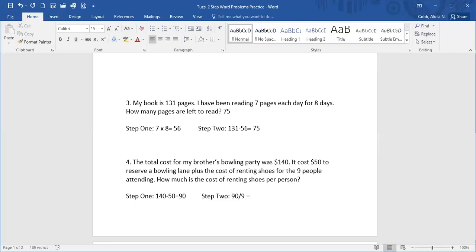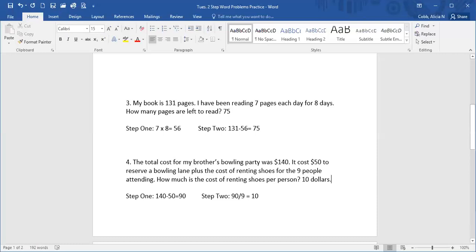So I have to think, how many times can 9 equally go into 90? When I think about division, you can also think about the inverse operation, which is multiplication, because 9 times something will give you 90. And if you said 10, you are correct. So the cost of renting shoes per person is $10.